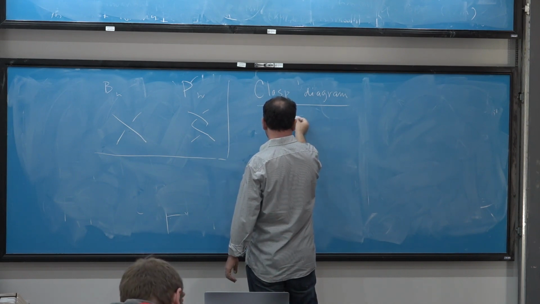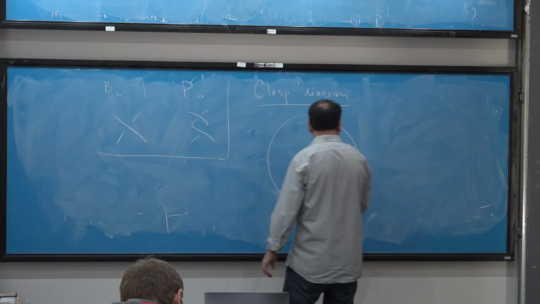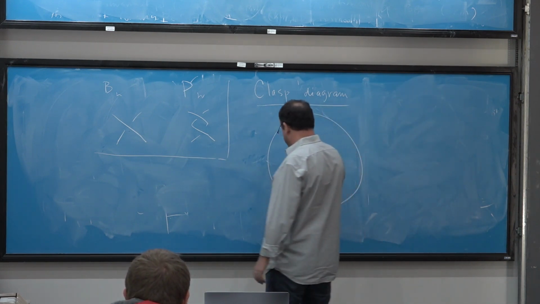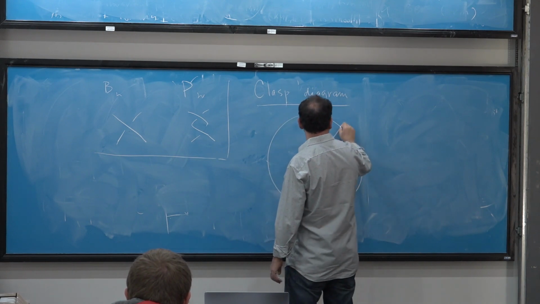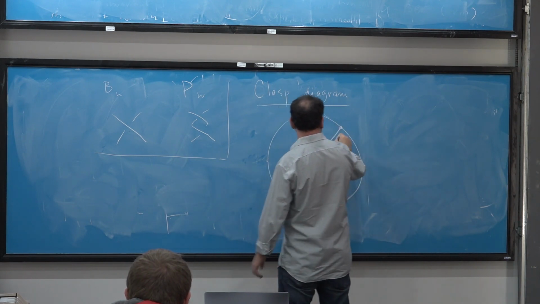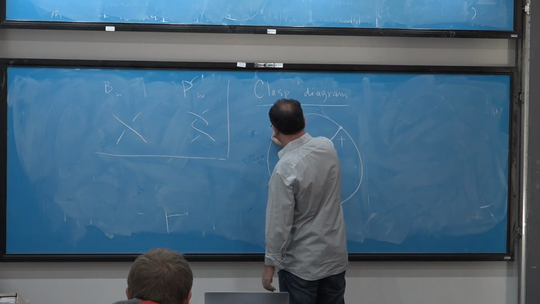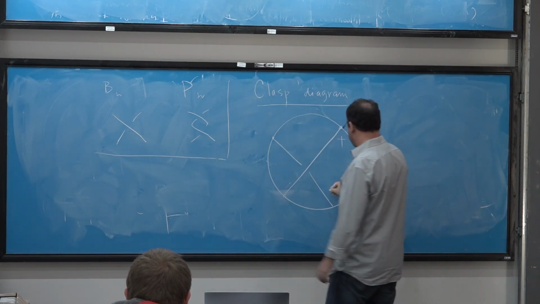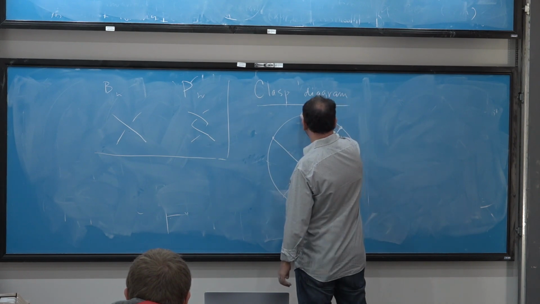So these diagrams are due to Polak. We have a circle, and like in a Gauss diagram, we have some chords with signs. They have no arrowheads. These are not arrows, these are just chords.